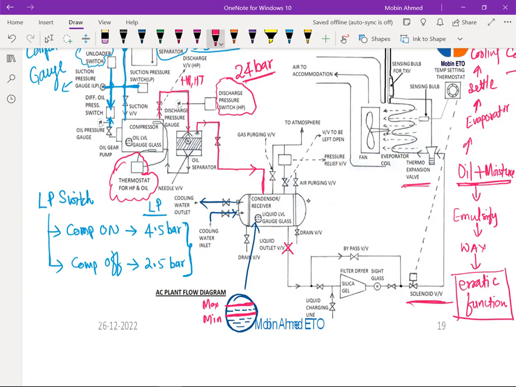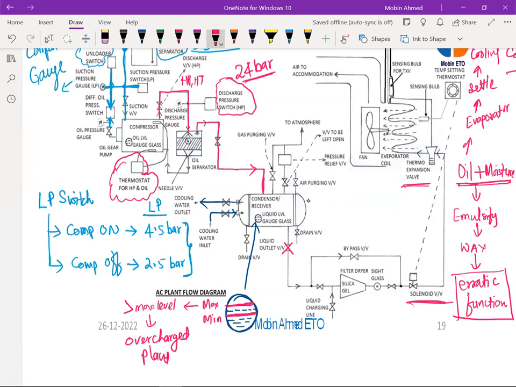If it goes more than the max level, it is known as an overcharged plant.